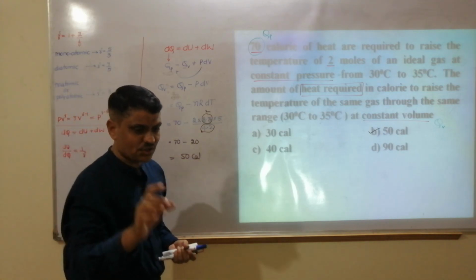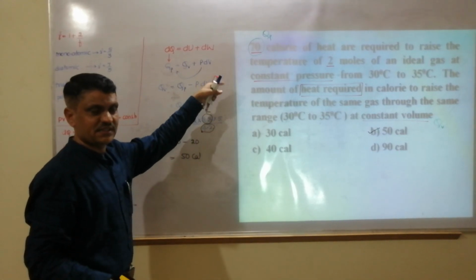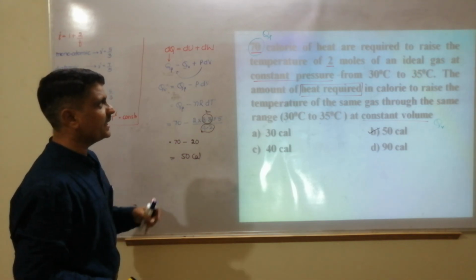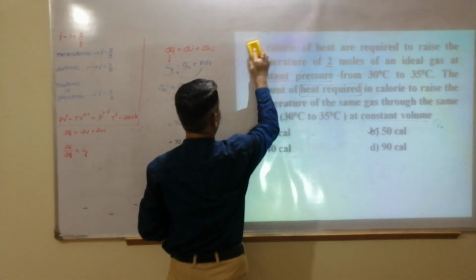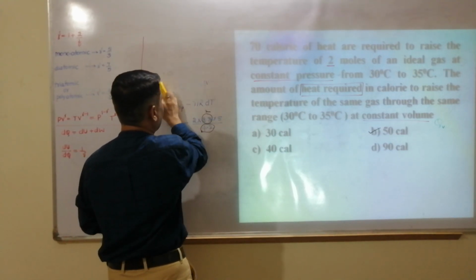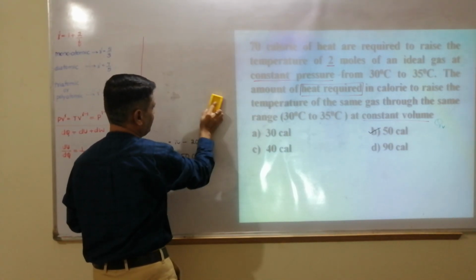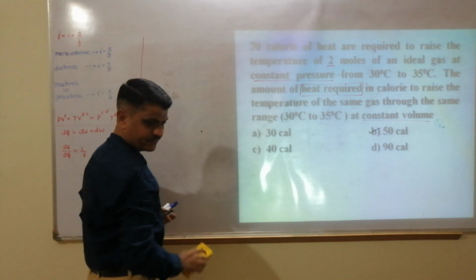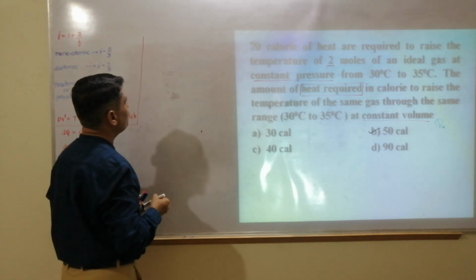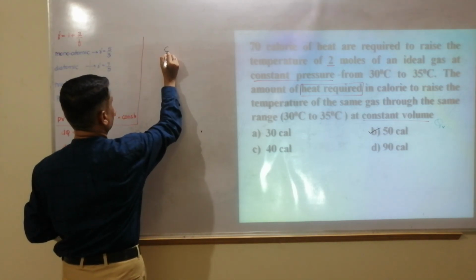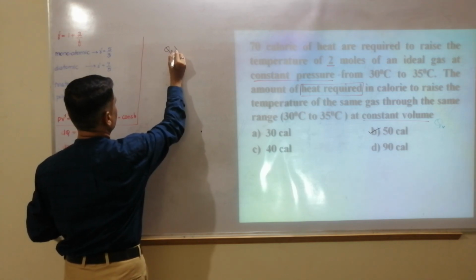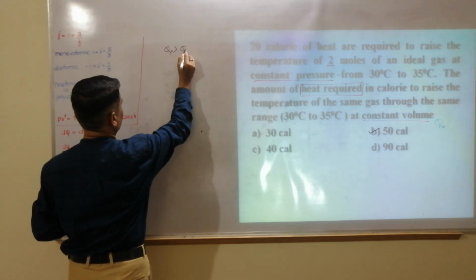We can go by the prediction method also. It is my first method. The second method is, see, as I told in the previous videos, QP is always greater than QV.